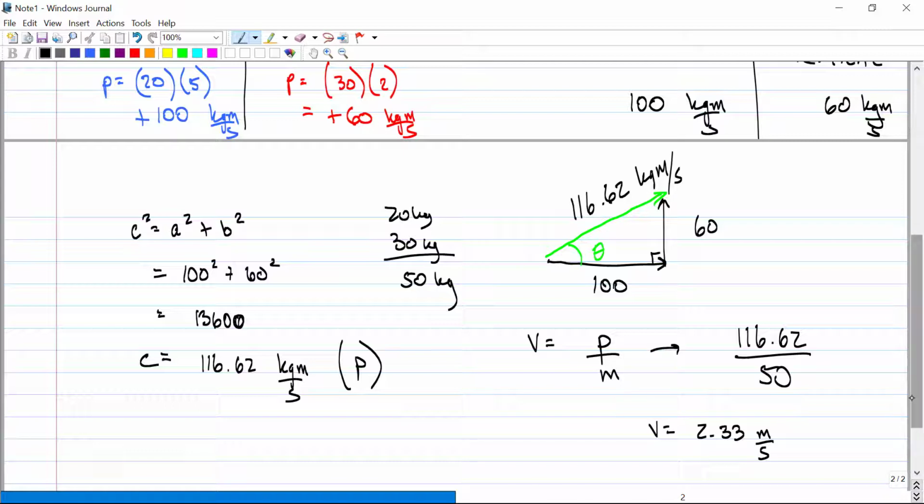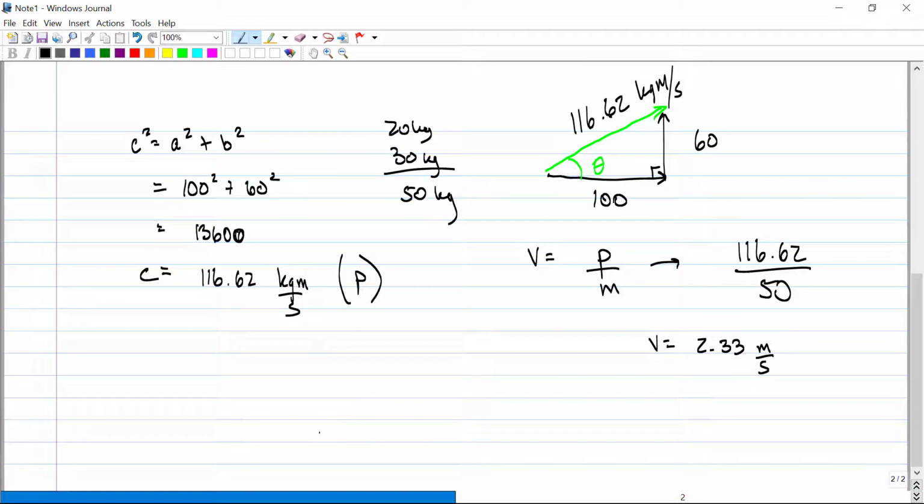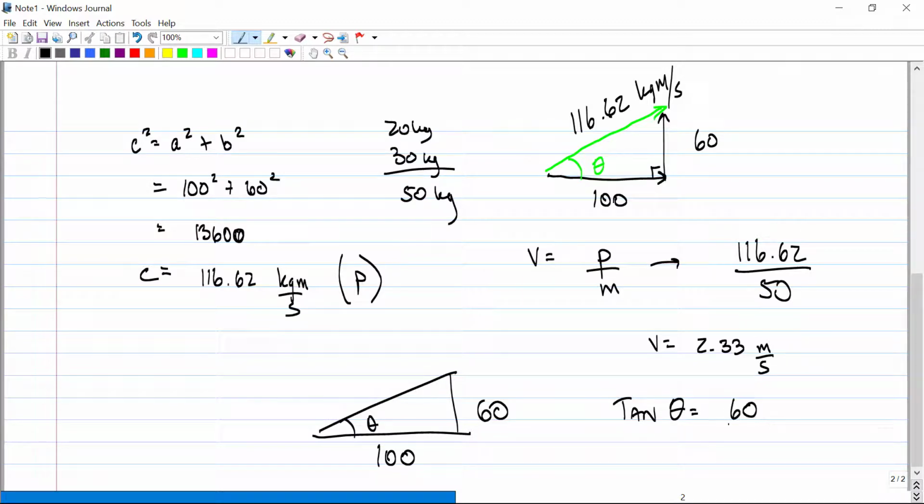The third and final piece is that angle. That angle will be coming from, this is 60, that's 100. That means this angle down there is tan of theta is equal to the opposite over the adjacent. And so when I figure that out, it becomes 31.96, which if you round up becomes 32 degrees.